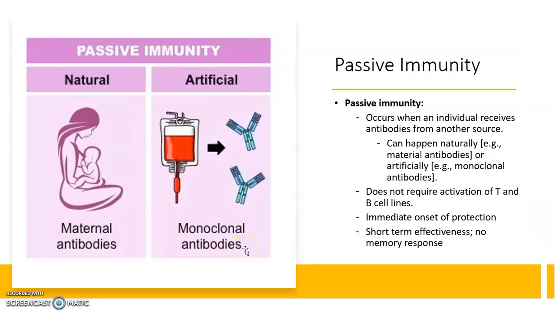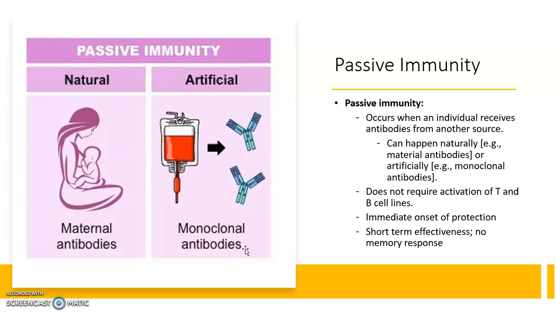We can also get immunity through passive means. Passive immunity occurs when we receive antibodies from another source. So in passive immunity, you are not activating your own cell lines, so you are not producing your own personal antibodies. Instead, you are receiving antibodies from another source.